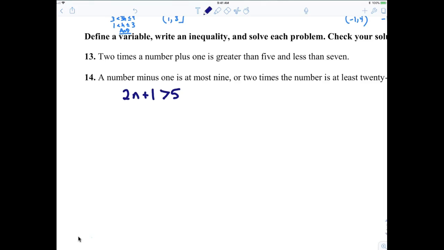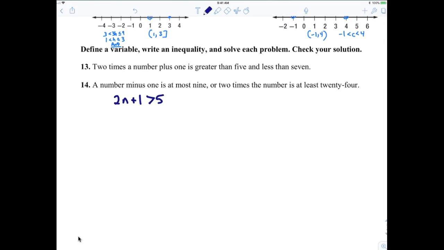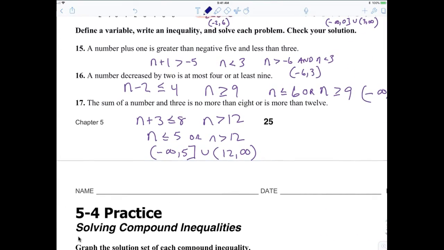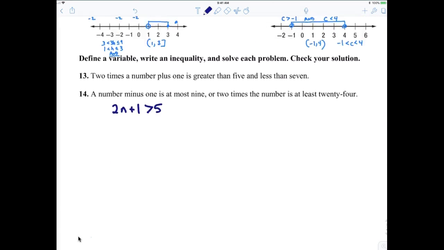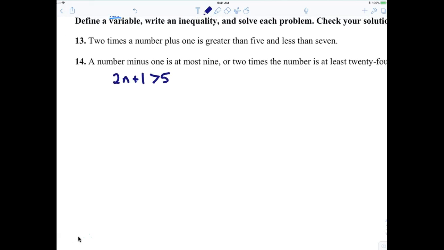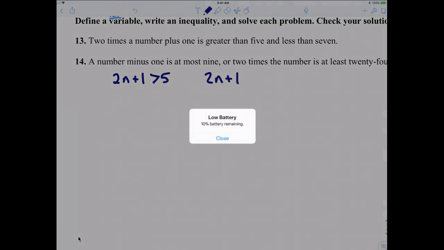Hold on a minute. Let me think for 1 second. I think what they're trying to say, to be honest, I'm not sure if they want 2n plus 1 to be greater than 5, and then 2n plus 1 to be what?